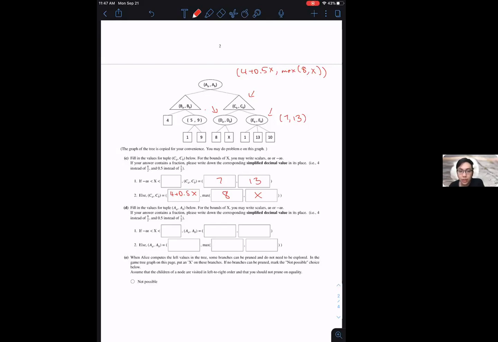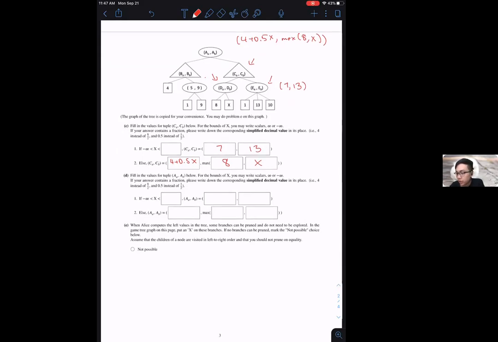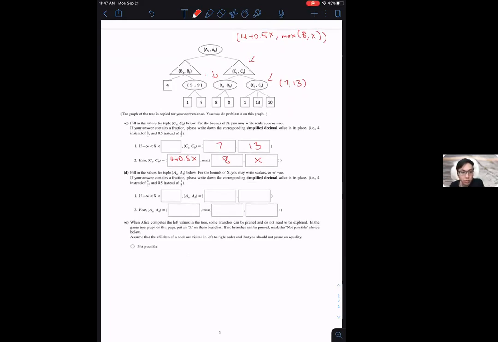If we recall how Alice chooses nodes, we know that Alice is going to just choose the maximum between 4 plus 0.5x and 7. So in order for Alice to choose the node 7, comma 13, this inequality must hold, where 4 plus 0.5x must be less than 7, since Alice is only choosing based on the left value of the node.